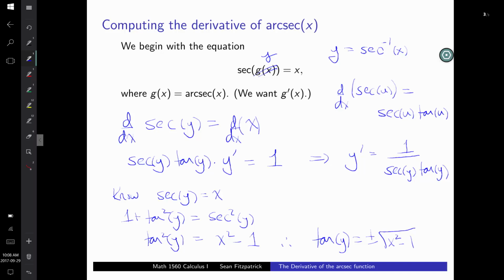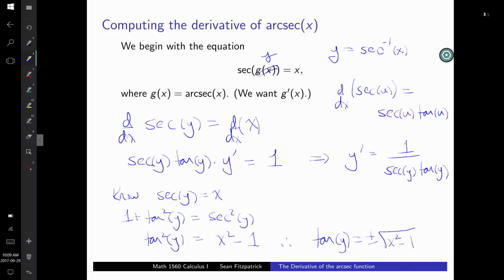So essentially when x is positive, everything is positive. But when x is negative, tan is negative, and then you actually get a negative times a negative, and it turns out that y prime is always positive. And then you would have to put an absolute value function in.